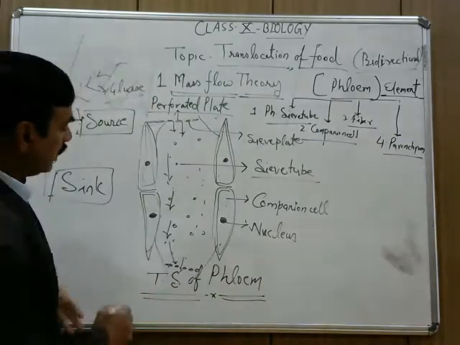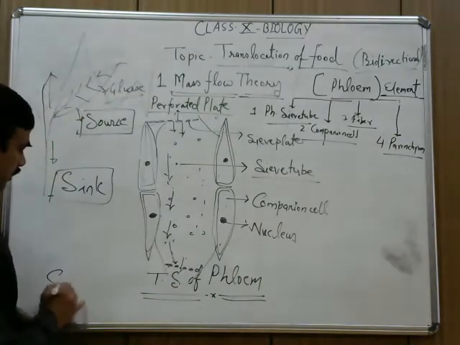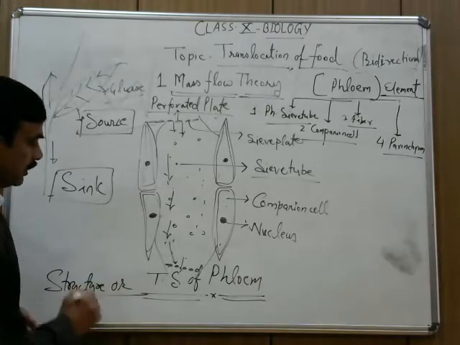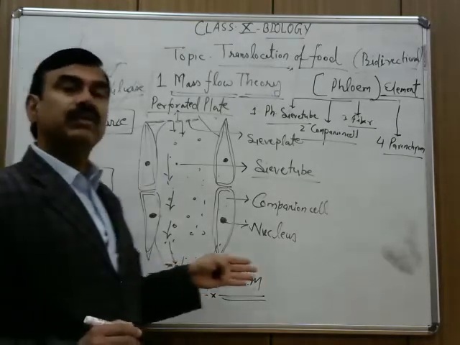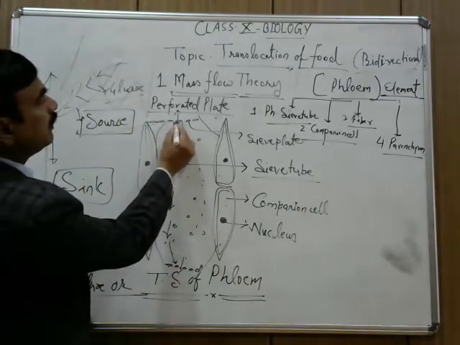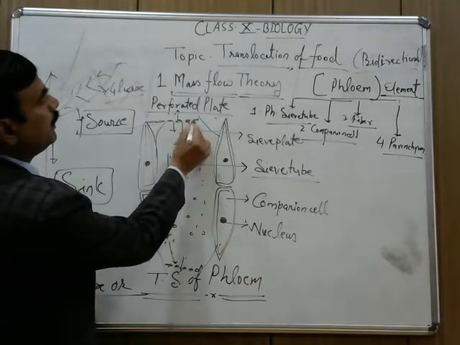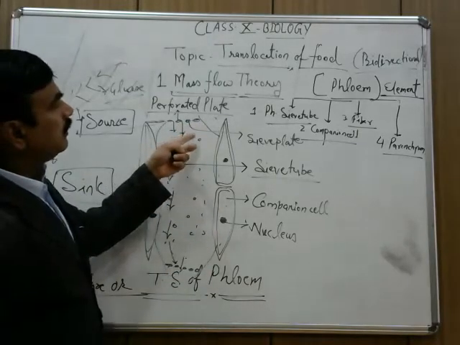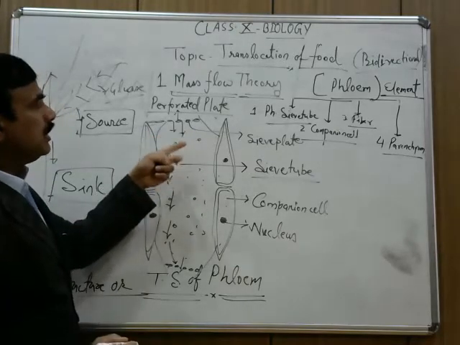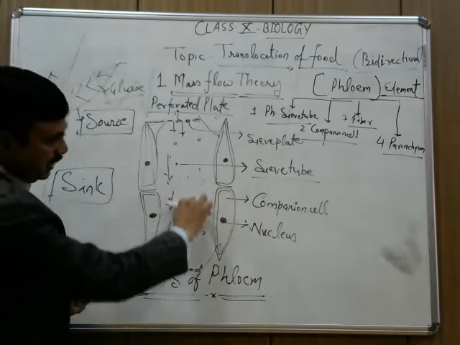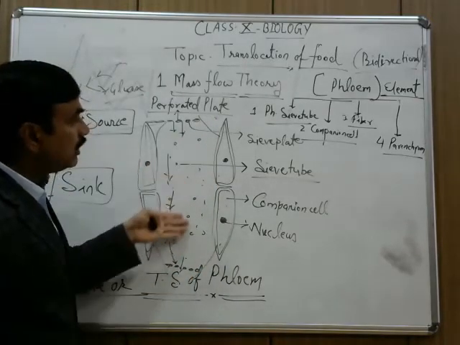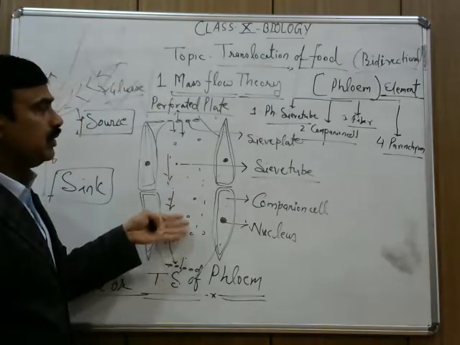The second thing is structure, the transverse section of the phloem, where you will see the perforated plate. Look at this structure, the perforated plate or sieve plate. This structure without a nucleus, an anucleate structure, is called the sieve tube.